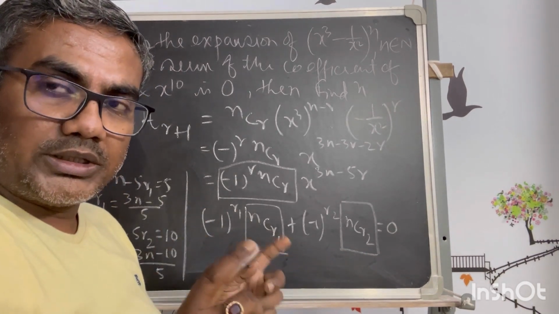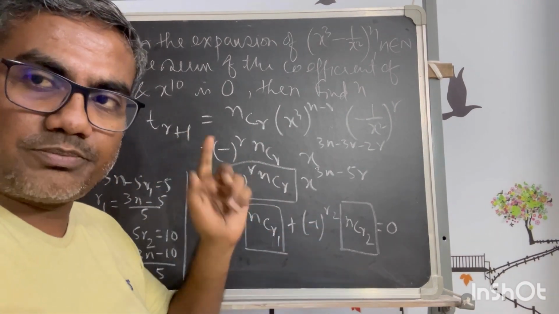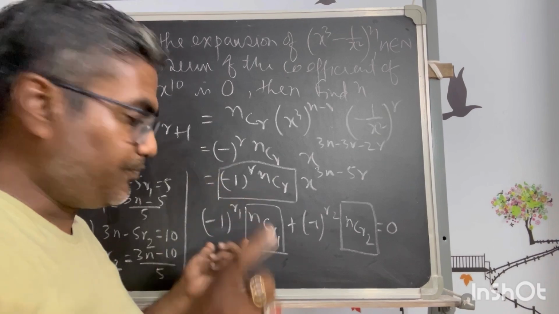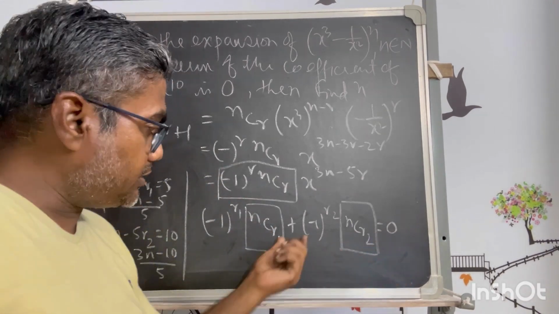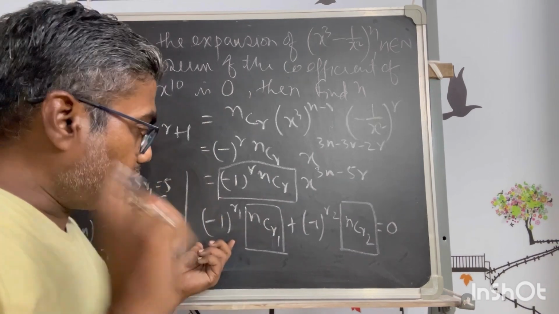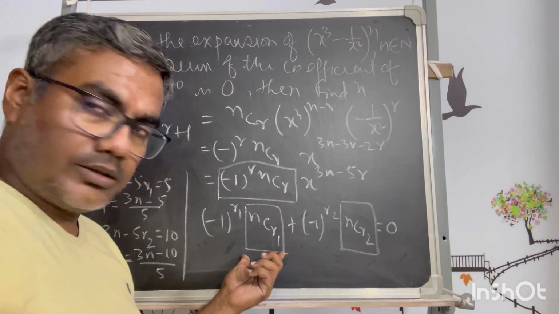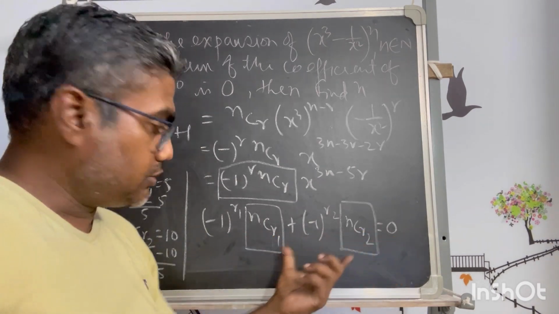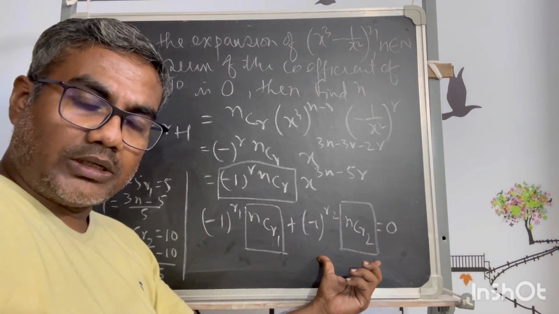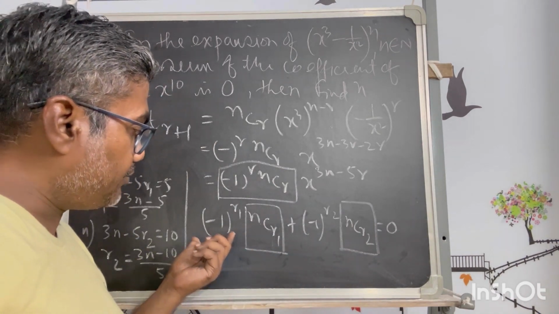This will not affect the value, because minus 1 to any power, either it will be minus or plus, will not affect the value. So the values together give you 0, and this gives you the sign. So I understand the value must be the same, because two positive things cannot give you 0. So one should be something, the other should be the negative of that, and the negative will be affected by this sign.